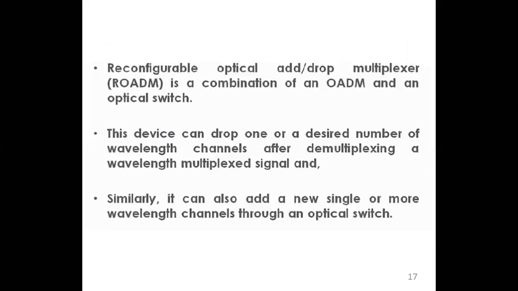So the important takeaway from this is that the ROADM, unlike a fixed or static OADM, will help us in adding or dropping the channels at any moment depending on the request or the demand.